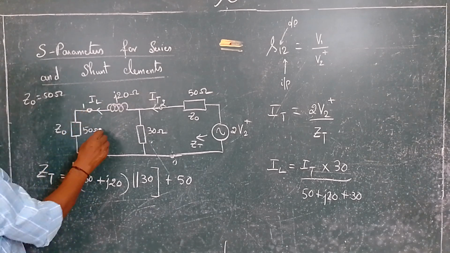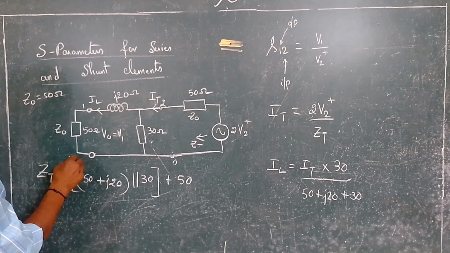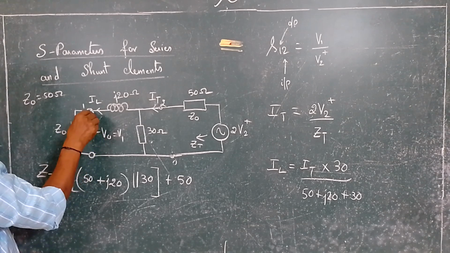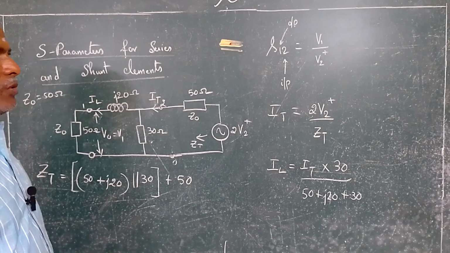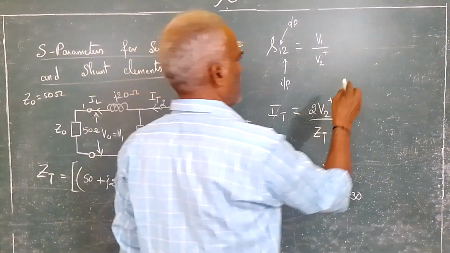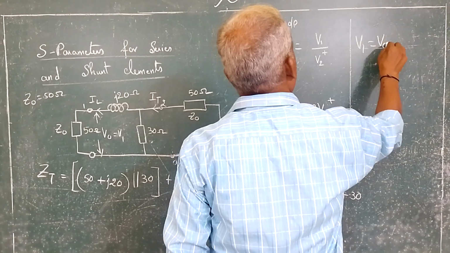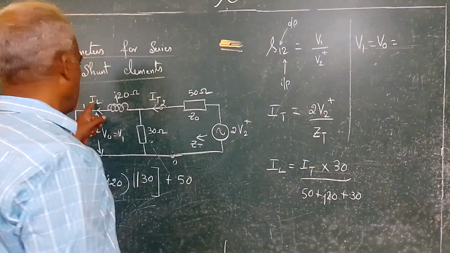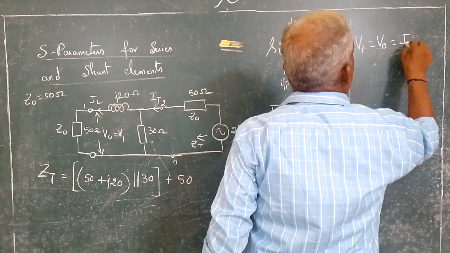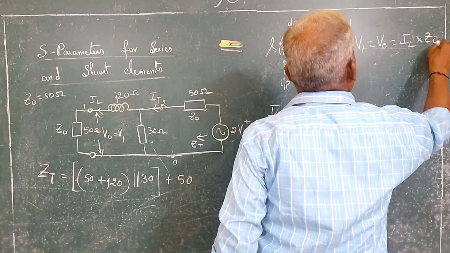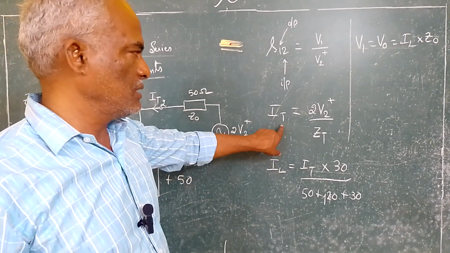I want V out. V out is here, V out or V2 or V1, this point. V1 is equal to V out, which is this IL, the load current, multiplied by Z0. IL into Z0. Now we know IL and IT.